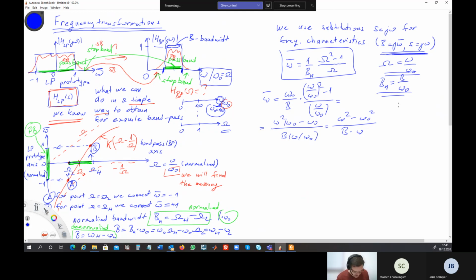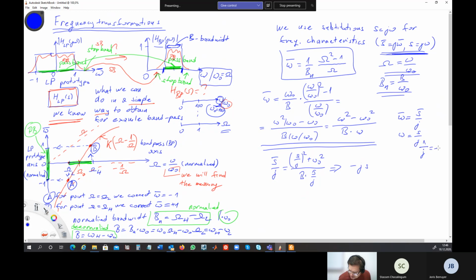We can include indeed omega like S bar over J, and this omega without bar like S over J. So we have S bar over J is equal to omega square is S over J square plus omega 0 square over B times S over J. And after some calculations, you know this, if J is in denominator, it goes to minus J into numerator.